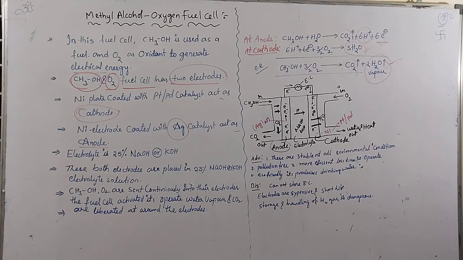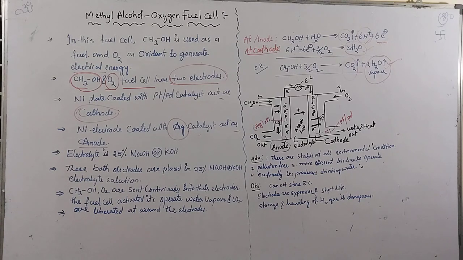This is the construction of the methyl alcohol oxygen fuel cell, and it is very simple and easy. The cathode is a nickel plate coated with platinum and palladium, and the anode is a nickel plate with silver catalyst.